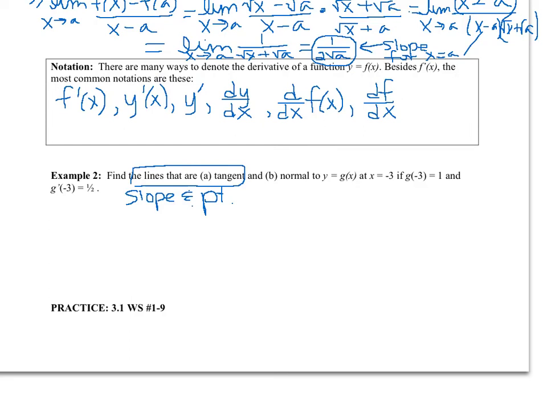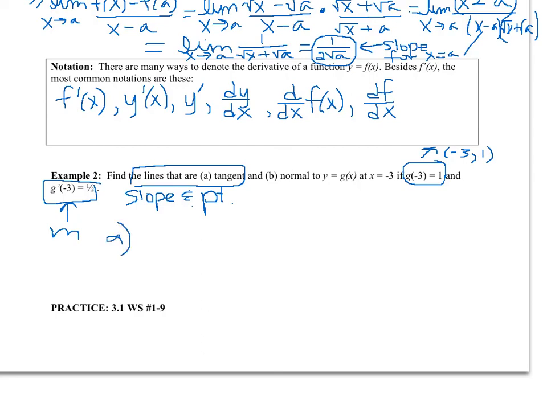And here's our point right here. This is -3, 1 is a coordinate point. And then our slope is actually over here because this is the slope at -3, at x equals -3. So this is like your m value.